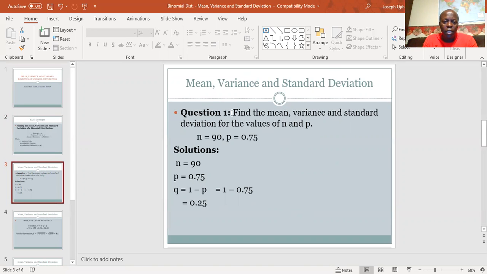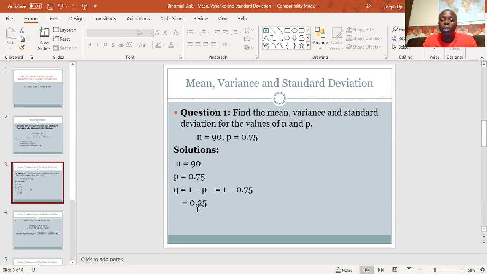In this case, n is 90 and p is 0.75. That means the probability of success. Before we can find the mean, variance, and standard deviation, we need to find q. And we always get that by doing 1 minus p. So 1 minus 0.75 will give us 0.25.